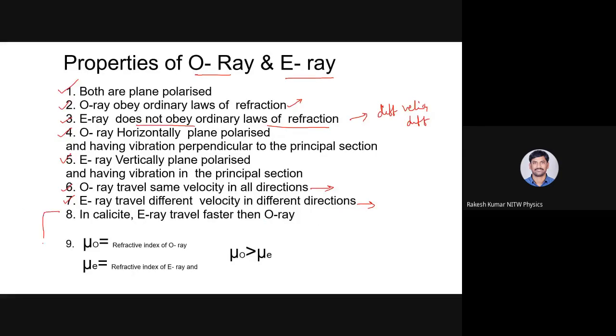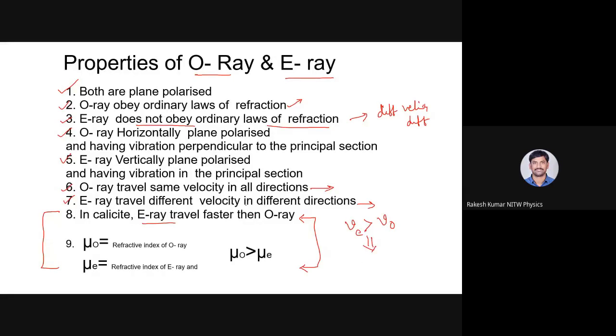Especially in case of calcite, this will be asked as a multiple choice question. So please remember, in case of a calcite crystal, your extraordinary ray travels faster than ordinary. That means velocity of extraordinary ray is greater than velocity of ordinary ray. Now tell me, in terms of refractive index, which one will have more refractive index, ordinary or extraordinary? Ordinary.